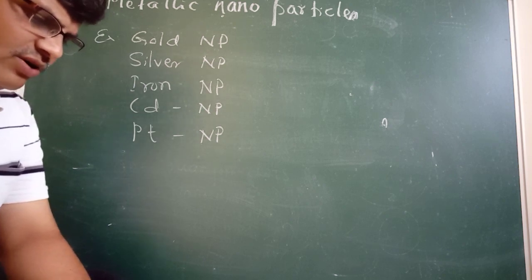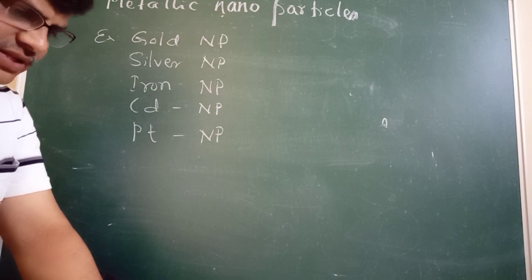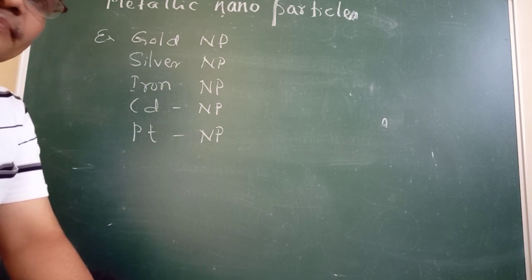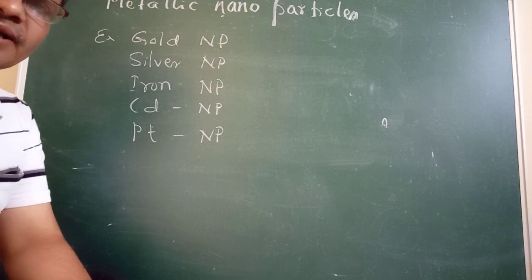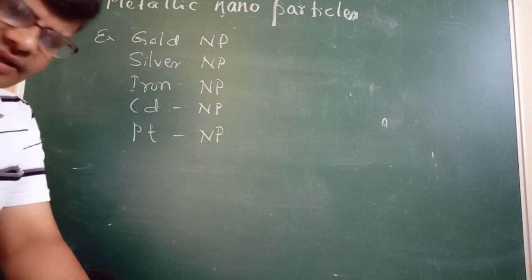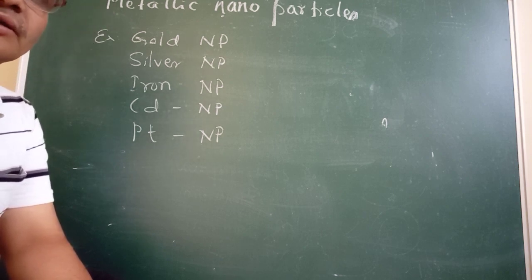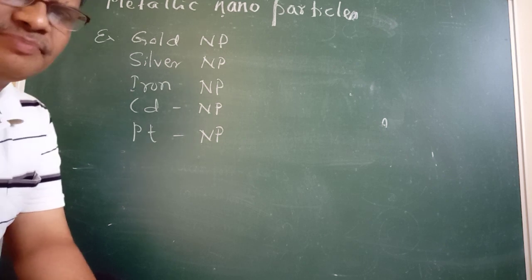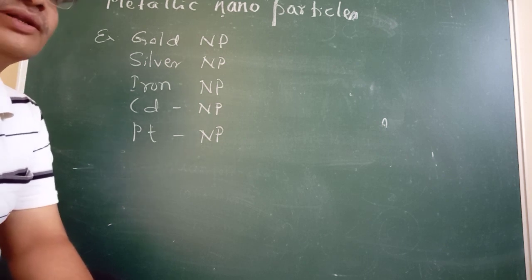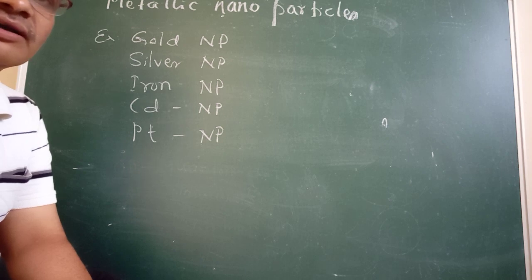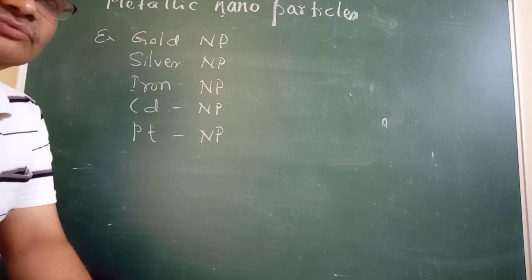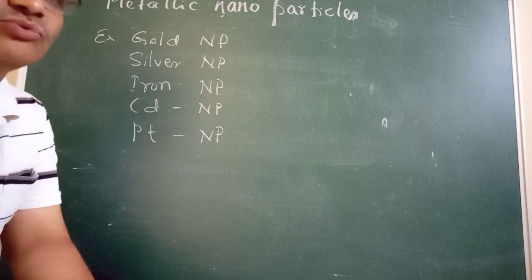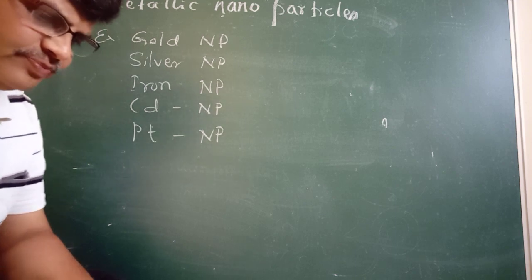Now, how does it come here? As we know, this is the study of nanomaterials. It is not new. In the medieval era also we had nanoparticles. They were preparing nanoparticles, but they didn't know whether those were nanoparticles or not, because they didn't have a microscope to study the nanoparticles.